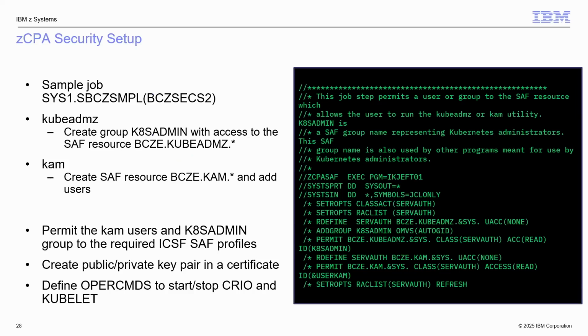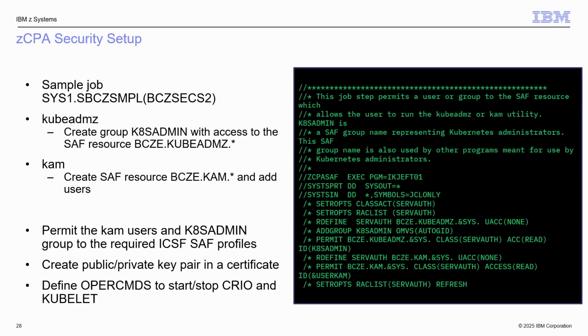For the security setup, we need to be able to run kubeadmz and cam commands. So to start, there is a group called k8sadmin that once you create that group and give proper permissions to it, you can go ahead and add any user to that group, and those users will be able to then run kubeadmz commands.